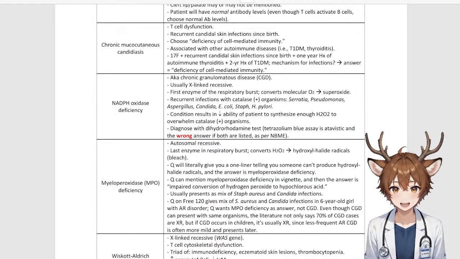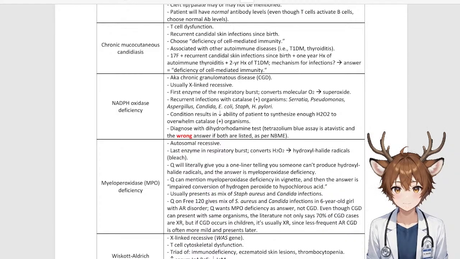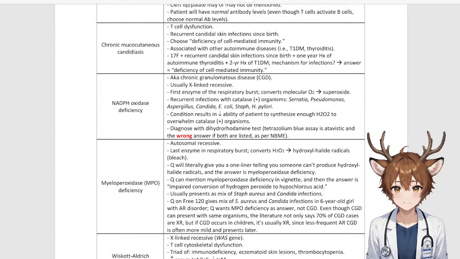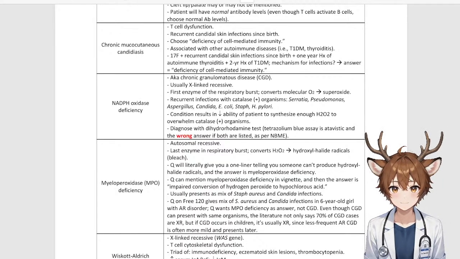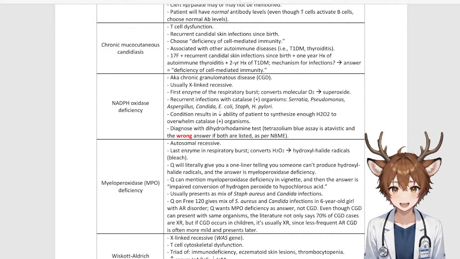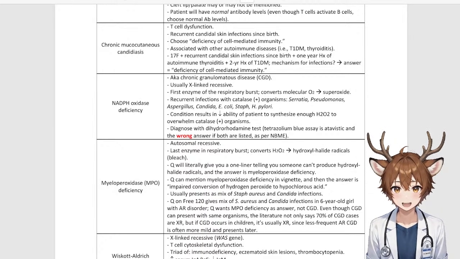Now, here's the thing. I'm not going to go too specific with it. I want to confirm what H2O2 and superoxide are. I'm sorry, but I'm not a chemist. H2O2 is hydrogen peroxide. There are different things that exist: there's bleach, that's like HOCl, right? There's superoxide, and there's hydrogen peroxide.